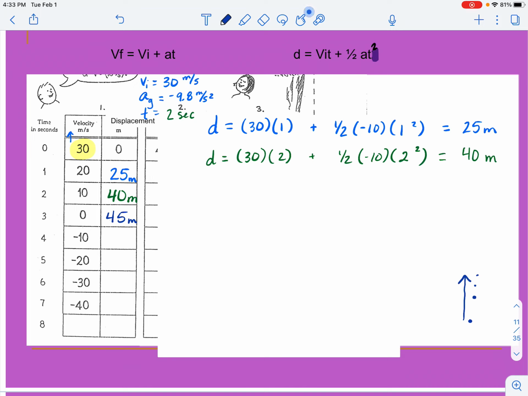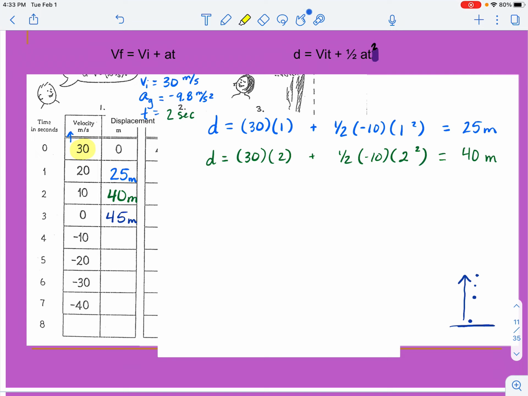That's how this works. So it's getting farther and farther away from its initial release point, but now we are at the highest position that it's ever going to reach, and I'll come back to that in just a second, but all of these values are positive because all of these dots have my object above its starting point. So positive displacement because it's above the starting point.